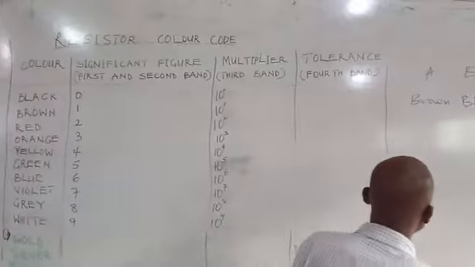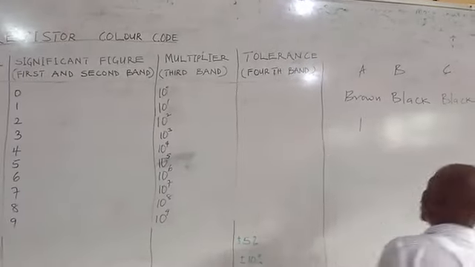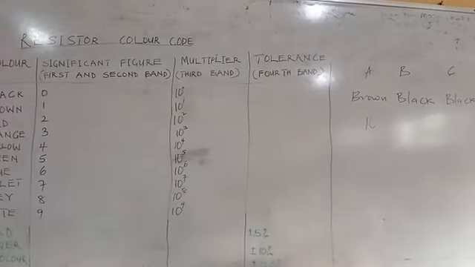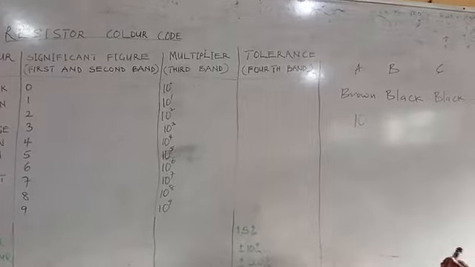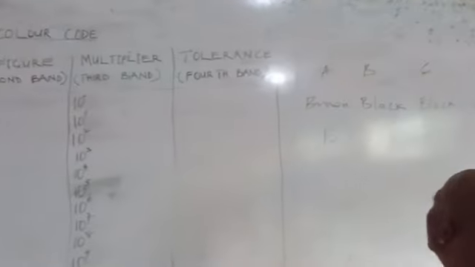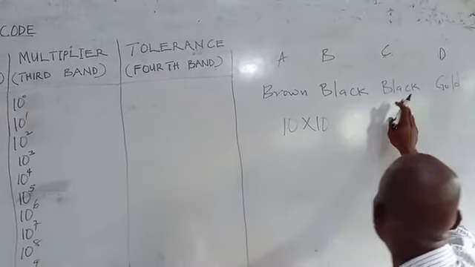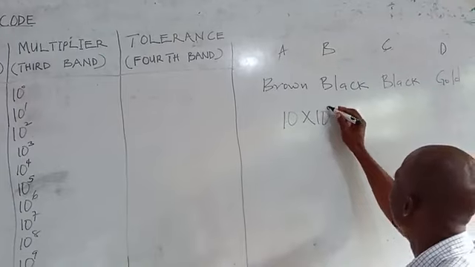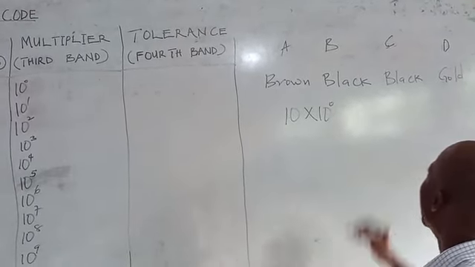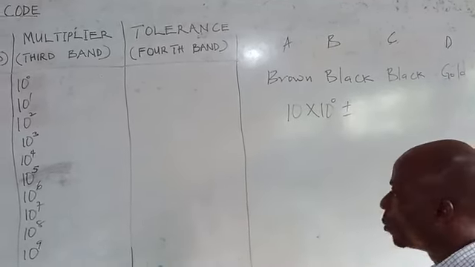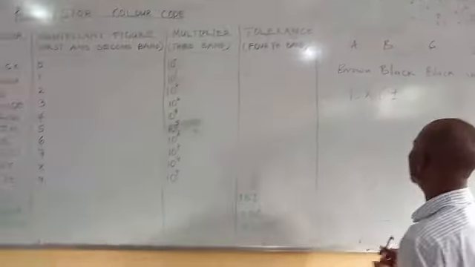So we put 1, and we put 0 because they are significant figures. Then the third one is the multiplier, times 10 raised to the power. Black is 0, so we put 0. Then plus or minus gold. From our tolerance, gold is 5%.